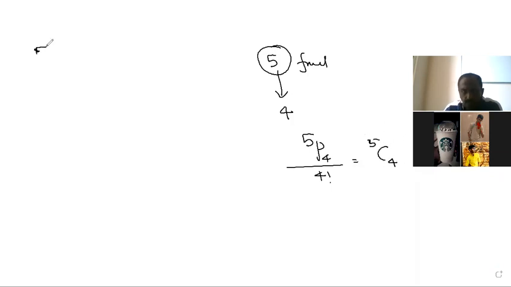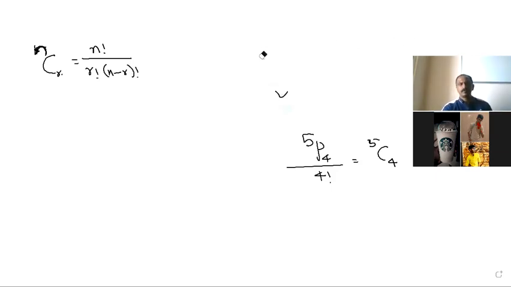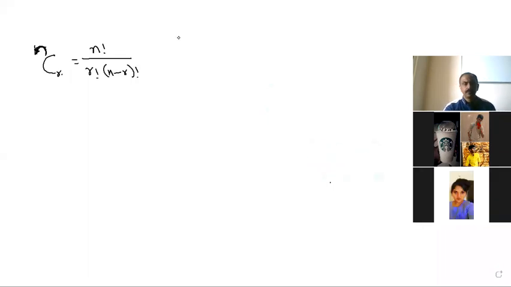5 factorial, and what is the NCR definition? N factorial upon r factorial into n minus r factorial. So just write down like this: NCR is equal to this definition. So what is the name of this particular topic? Combination. What is the meaning of combination?